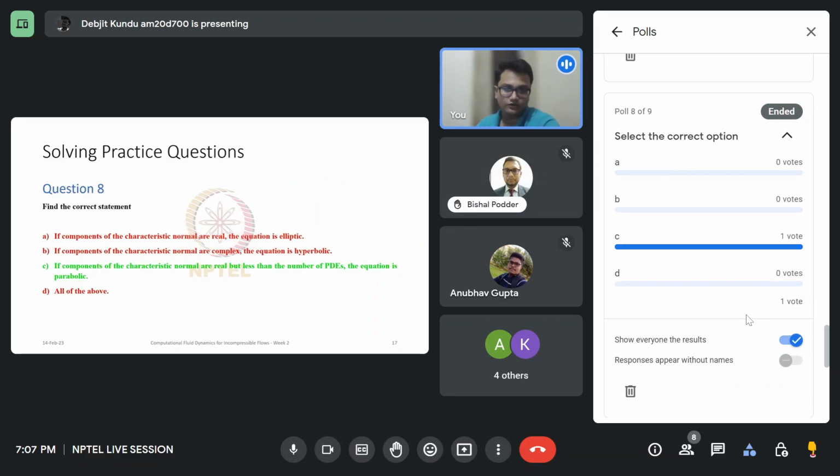So very good. Basically, if the components of the characteristic normal are real, then the equation won't be elliptic, but rather hyperbolic. And similarly, if they are complex, then the equation won't be hyperbolic, but rather elliptic.